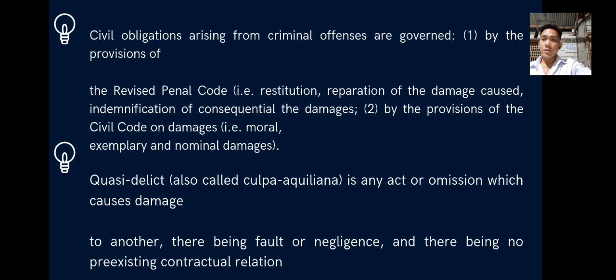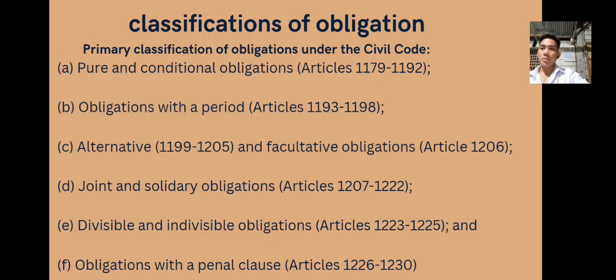By the provisions of the Civil Code on damages, these include moral, exemplary, and nominal damages. Quasi-delicts, also called culpa aquiliana, are any act or omission which causes damage to another, there being fault or negligence and there being no pre-existing contractual relation. These are the sources of obligation.